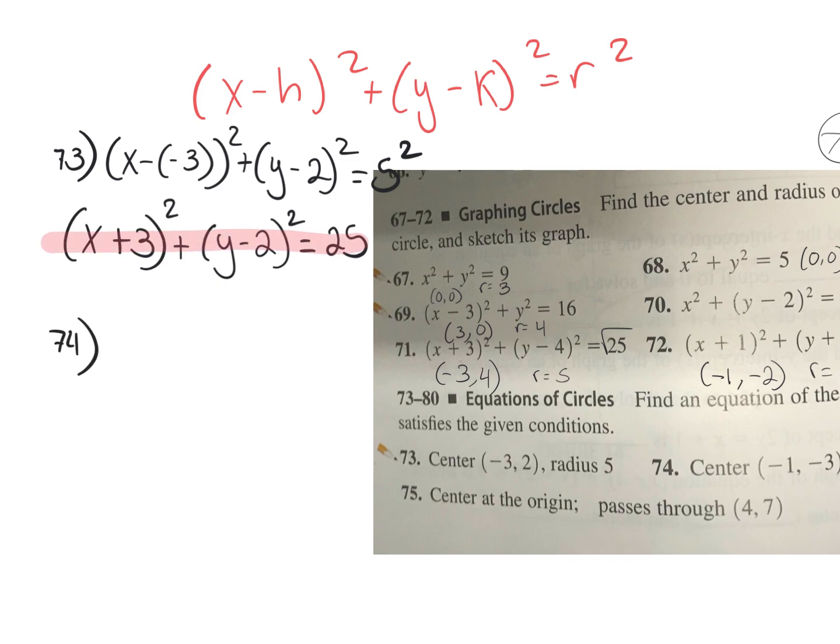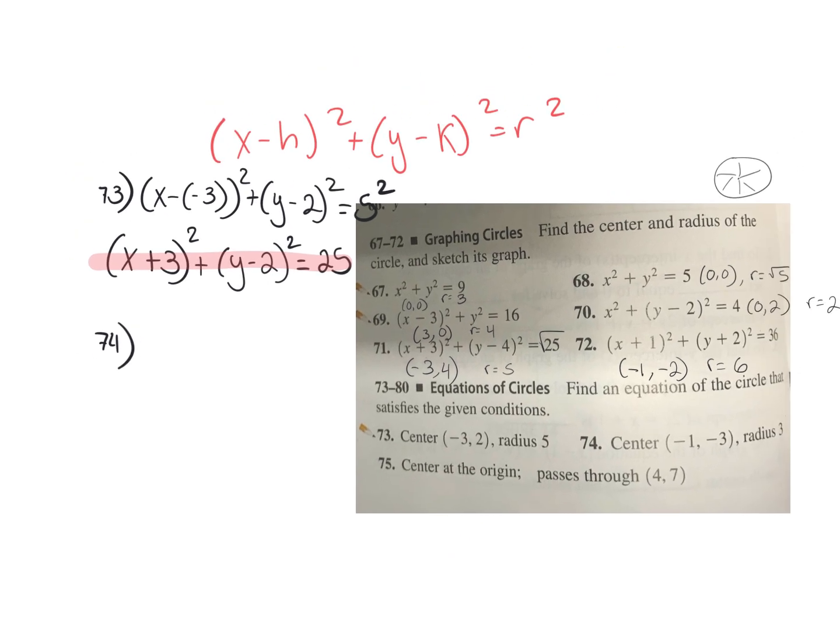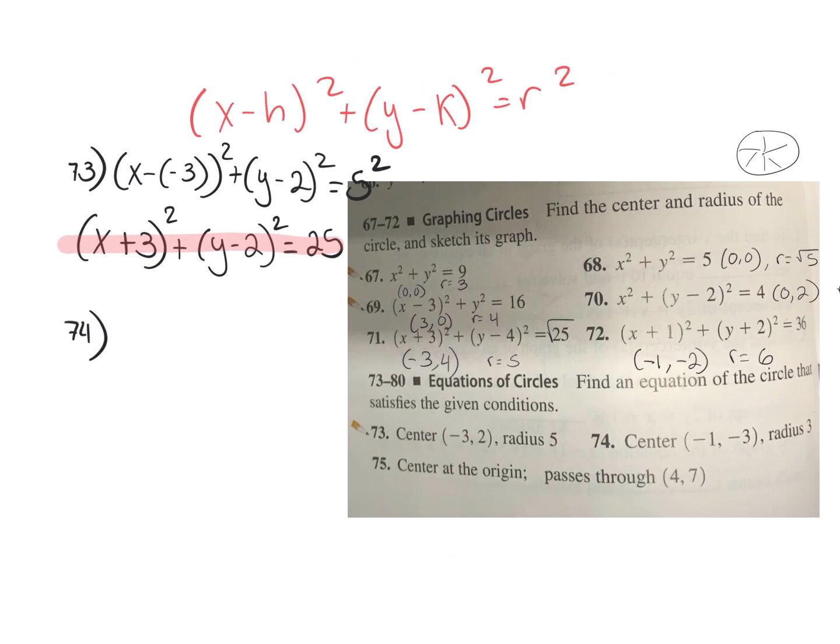For 74, it's the same idea. We have the center at negative 1, negative 3, and a radius of 3. So for 74, again, we're going to plug in x minus negative 1 squared plus y minus negative 3 squared equals 3 squared. Now, if you know they're already going to flip the signs because a negative and a negative becomes positive, you don't have to plug it into the equation and then flip it.